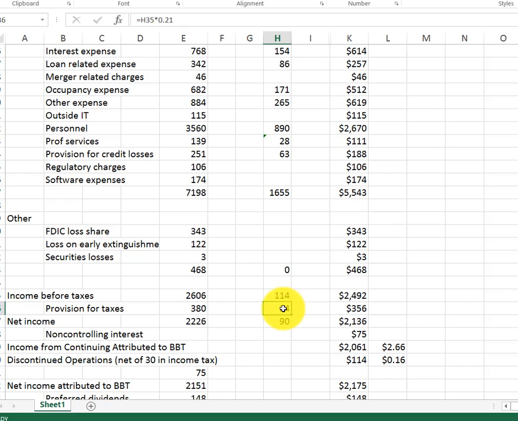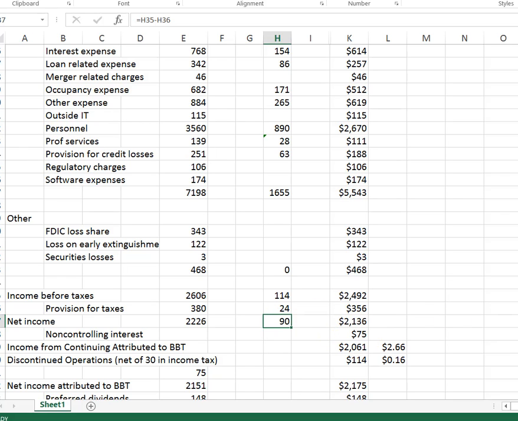So that's 24. And so that means that if we take that out of the original 380, the continuing operation is 356. So $90 of income for the discontinued operations.